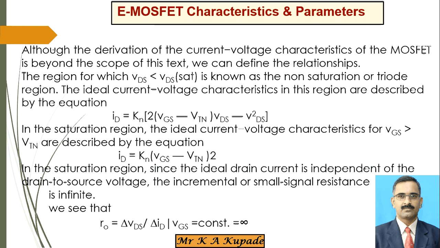As the gate to source voltage increases, the variation that happens is taken into account. For that variation, the drain to source voltage is independent of the drain current, and the incremental or small signal resistance is infinite, given as R naught.